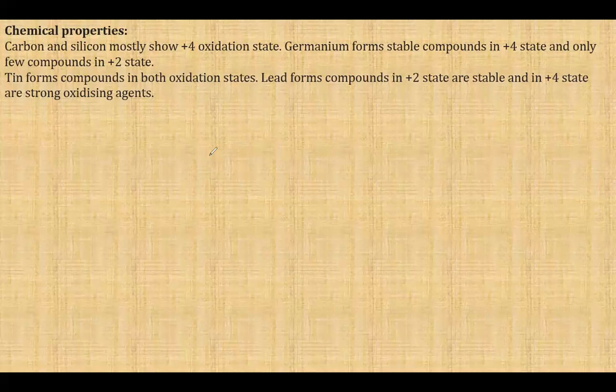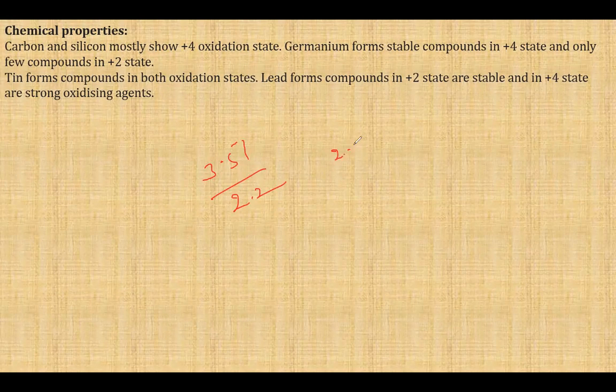Density of carbon is 3.51 or 2.2. Next, density of silicon 2.34. Density of germanium roughly 5.325, density of tin 7.267, and lead is 11. So density increases, the general trend is okay.